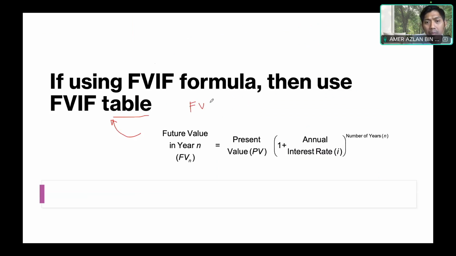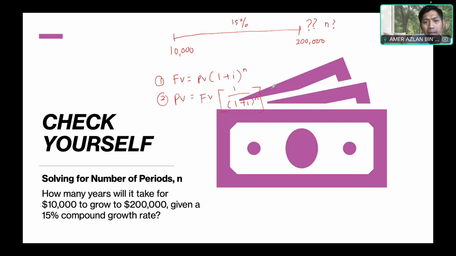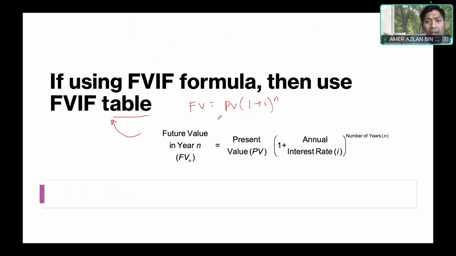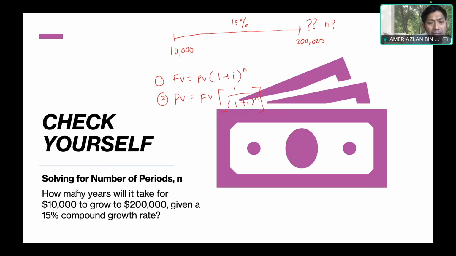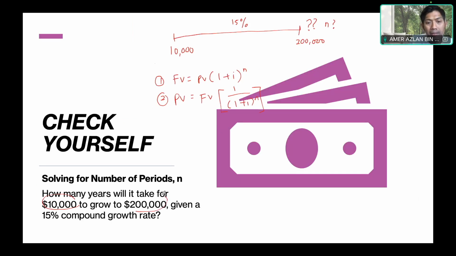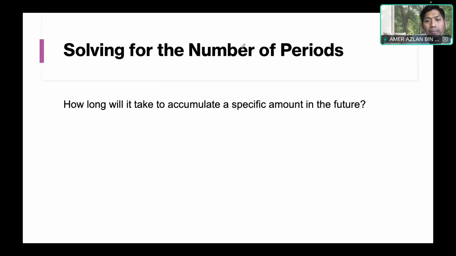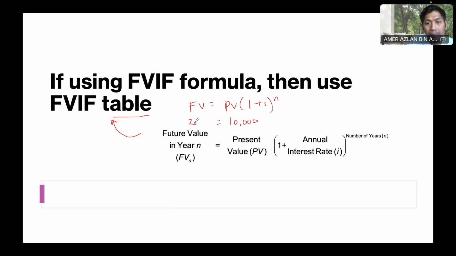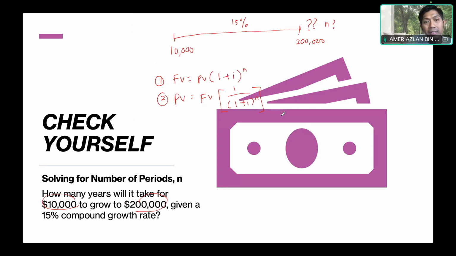If we use the future value formula, you know this is the formula, right? What is the present value here? The present value is 10,000. And what is the future value? 200,000. Then 1 plus I. What is the interest? 15%.